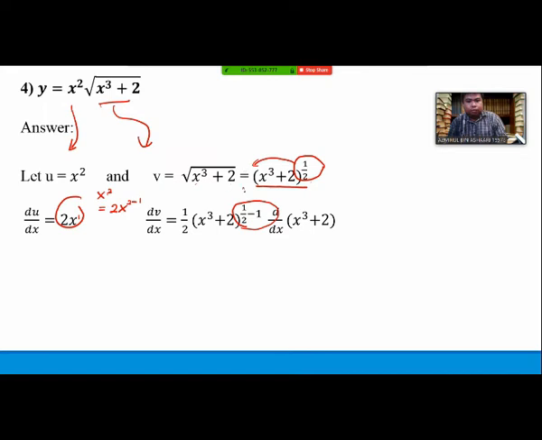Since this one moved to the front, the power half with minus will be minus 1.